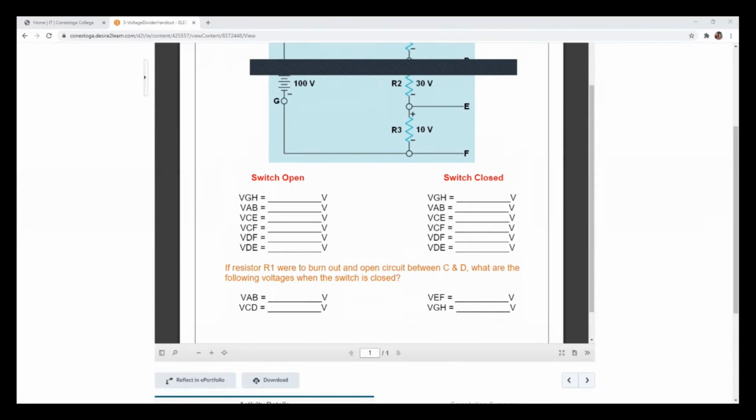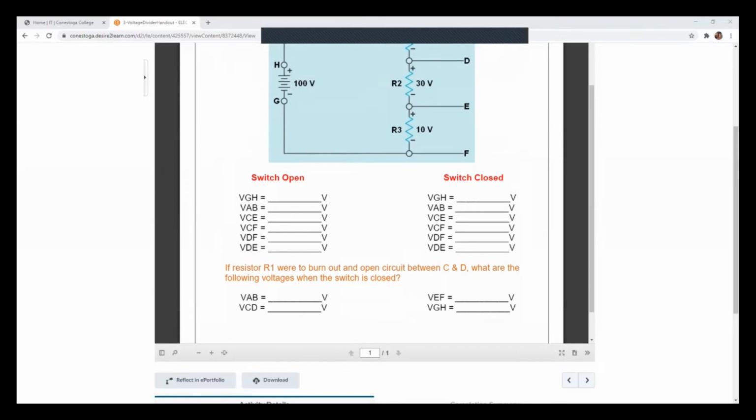Now it's asking if resistor R1 were to burn out, an open circuit between C and D, what are the following voltages? I'm going to leave that up to you, and if you have any questions once you compare that to the answer key, please get back to me. Okay, so now, are you ready to start parallel circuits?